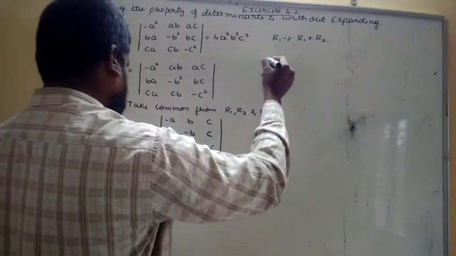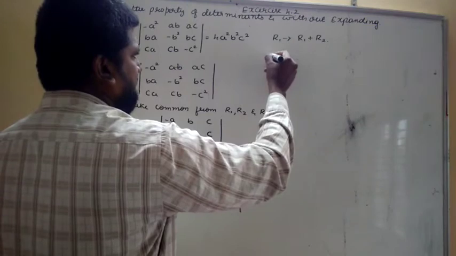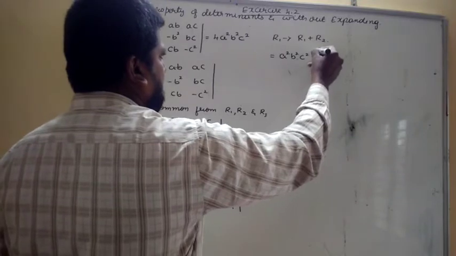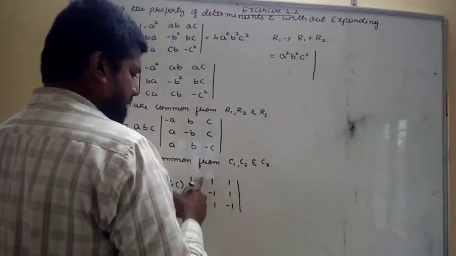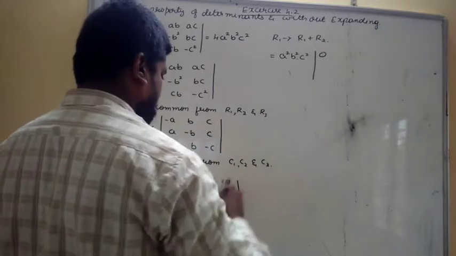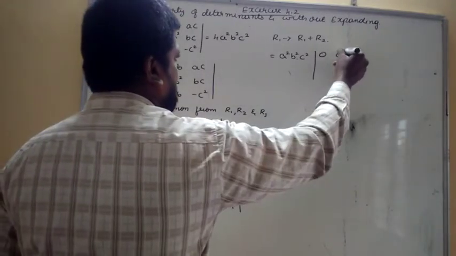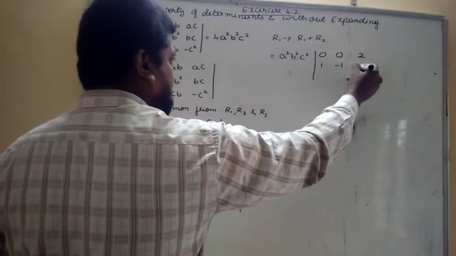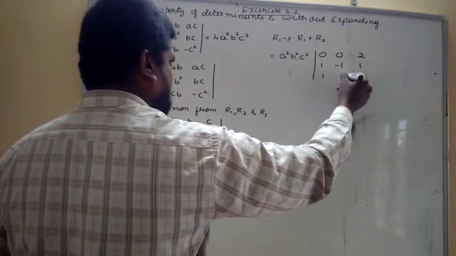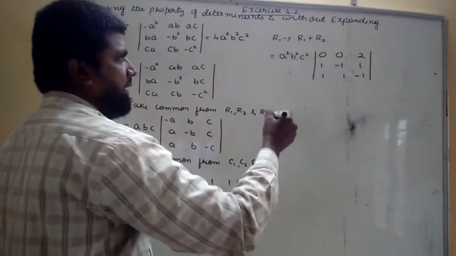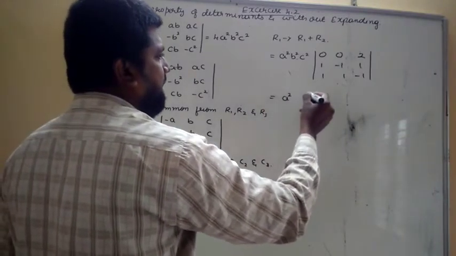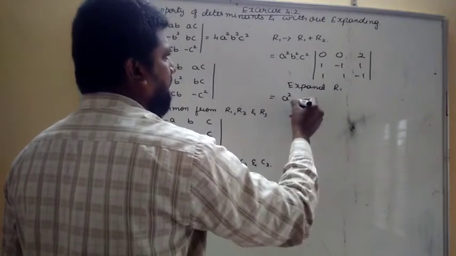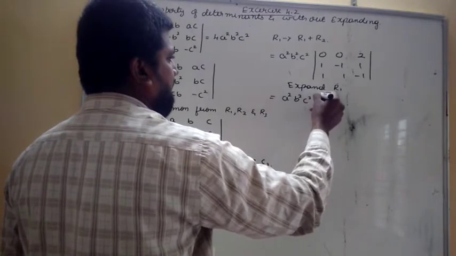Then ABC into ABC means we can write A square, B square, C square. Adding R1, minus 1 plus 1 means 0, 1 minus 1 means 0, and here 2. The second row stays as 1, minus 1, 1, and the third row 1, 1, minus 1. Now we can expand this one. So A square, B square, C square, expand along row 1.